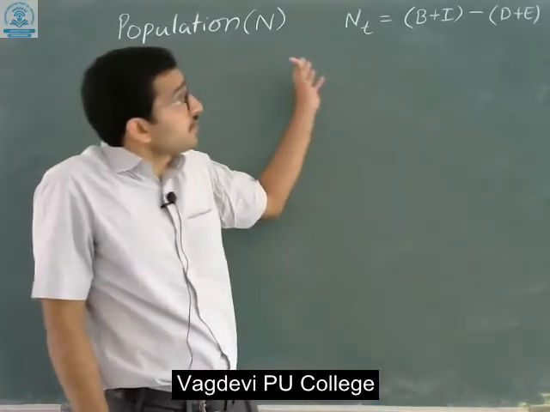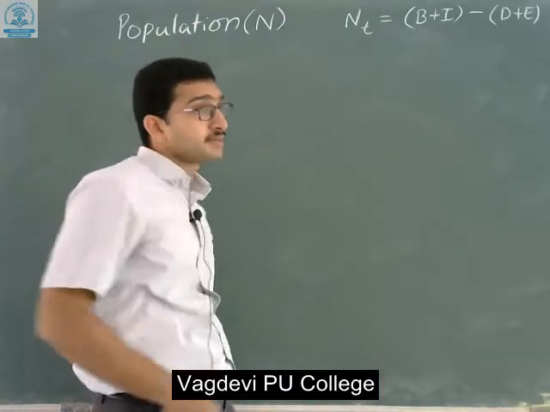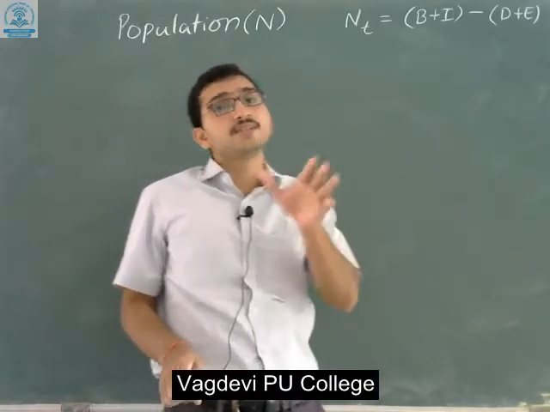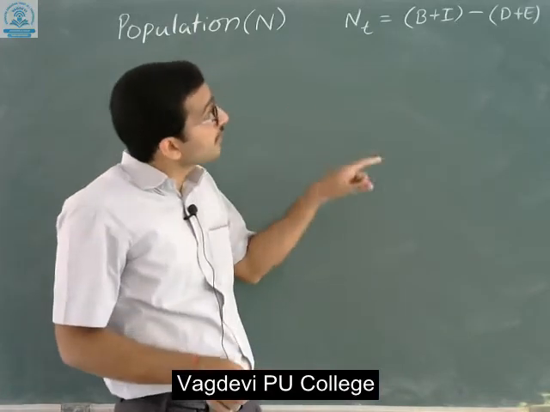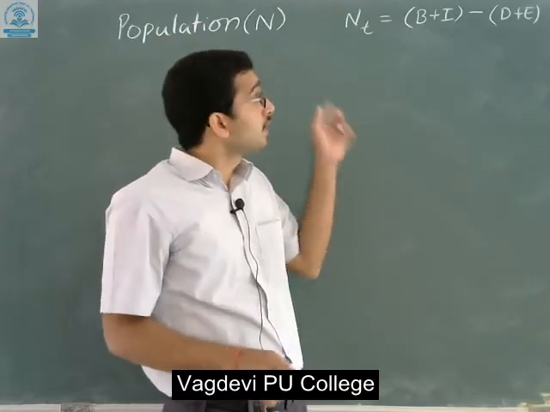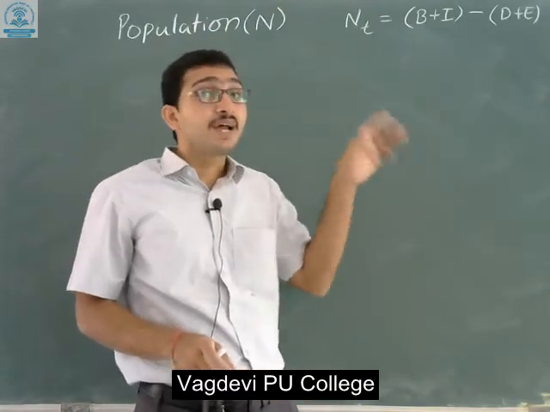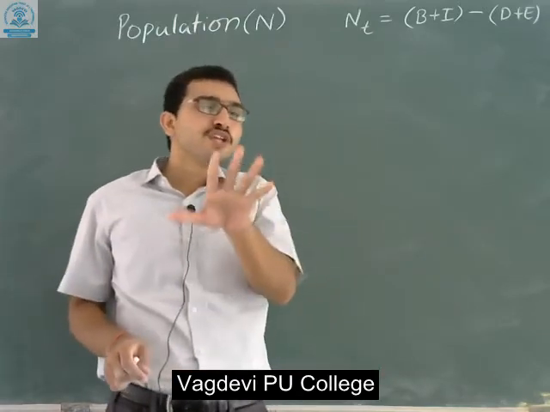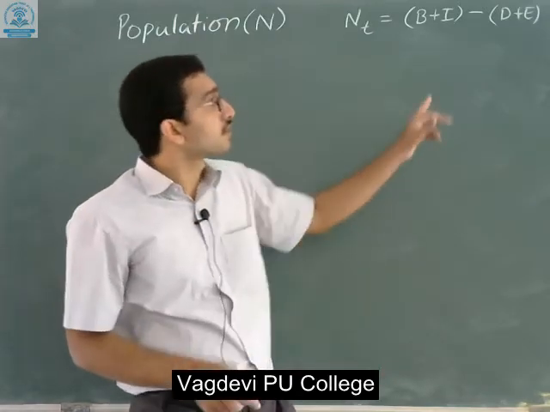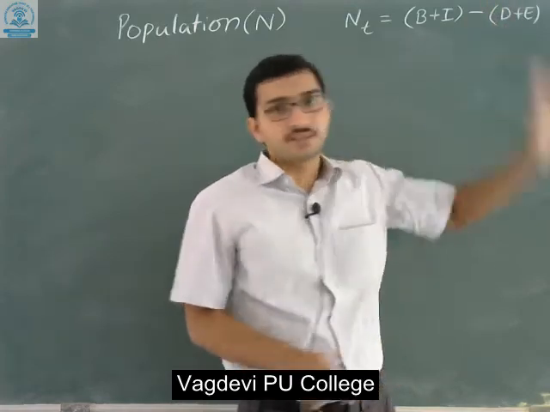Now, this equation can also be written in this manner, in which population density is dependent on the number of births and deaths, in a closed system. There is not much importance given to immigration and emigration.